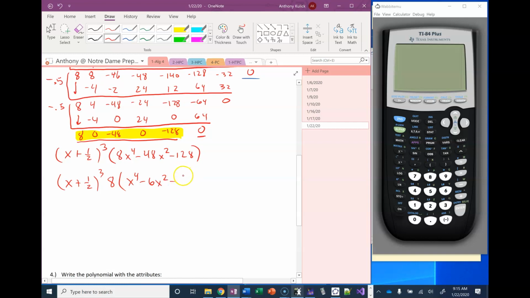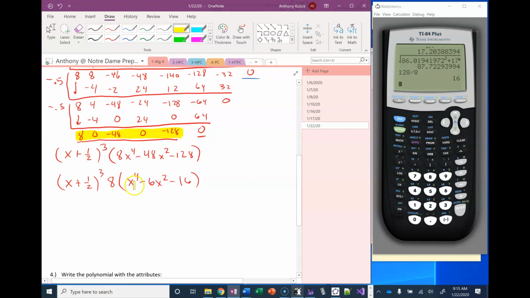What is that? I should be able to do that in my head. Is it 32? I think it's 32. Let's double check real quick. Nope, 16. Okay. Everybody's okay here.